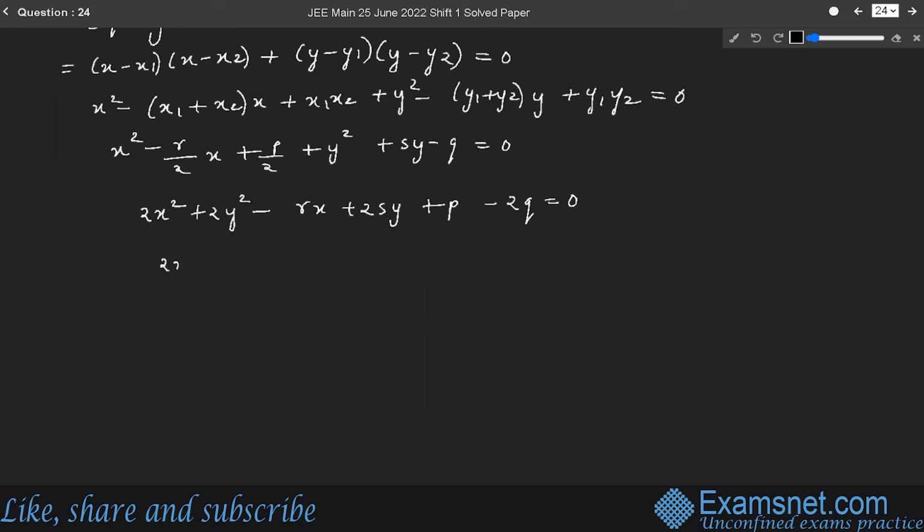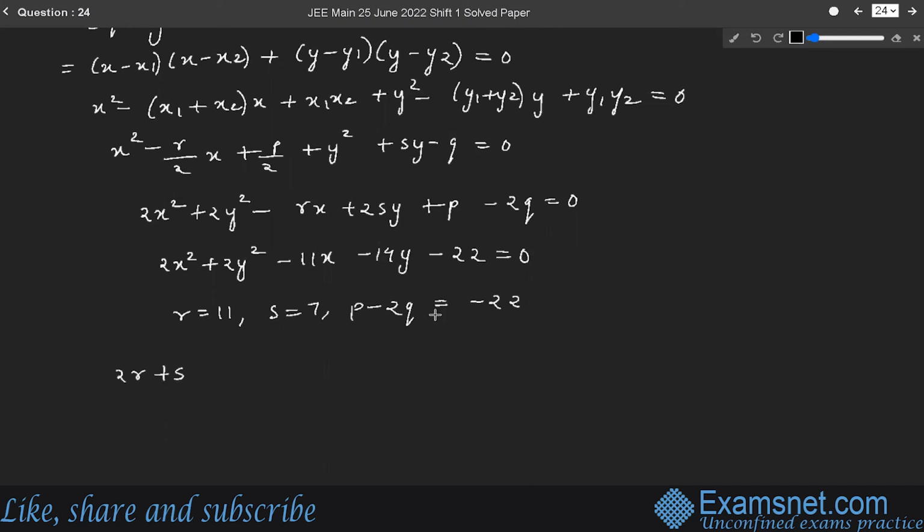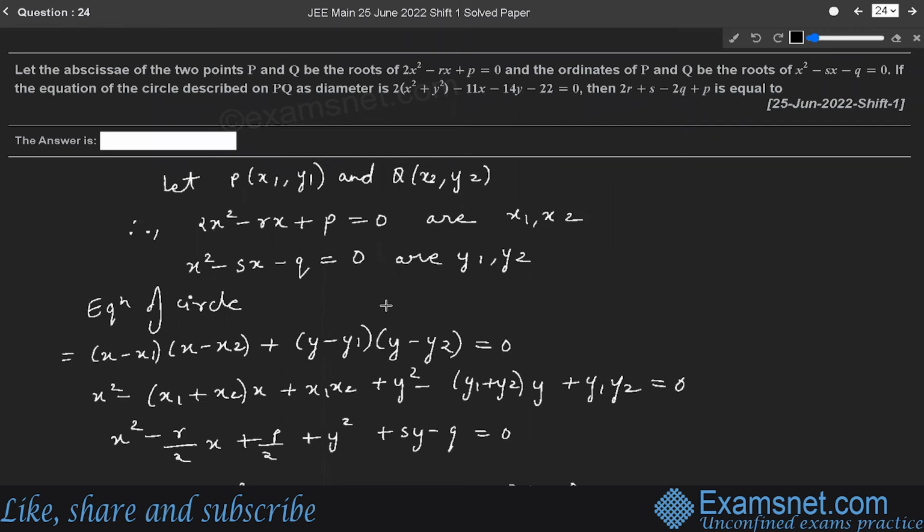Now, comparing it with 2x square plus 2y square minus 11x minus 14y minus 22 is equal to 0, we can say that r is equal to 11, s is equal to 7, p minus 2q is equal to minus 22. Therefore, 2r plus s plus p minus 2q will be equal to 22 plus 7 minus 22. 22 and 22 will be cancelled. So the answer will be 7. Hence, we can say that the correct option for this question will be 7.